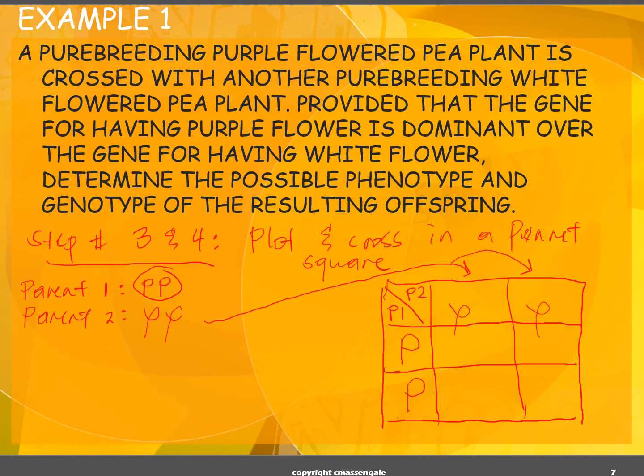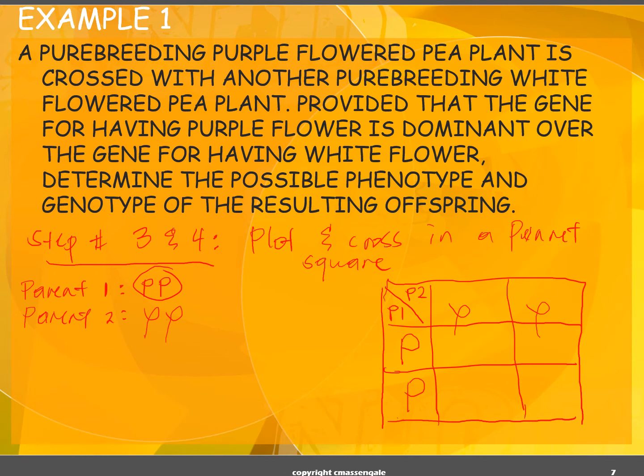So that ends step number 3. Now, let's proceed with step number 4, which is cross. So how are we going to cross it? Just like in a multiplication table, we will cross this one, and then this one, and then this one, and lastly, this one.